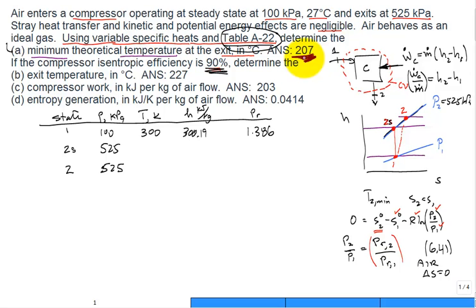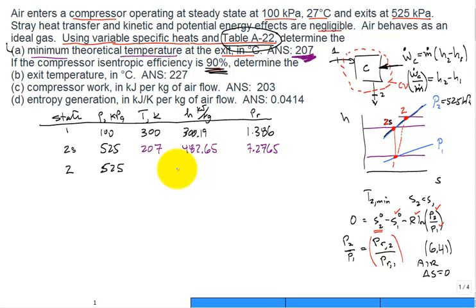That's the minimum theoretical exit temperature. Okay. I should fill out this table right here, 207. This value, P sub R, was 7.2765. You can also interpolate to get H, and so H is 482.65.